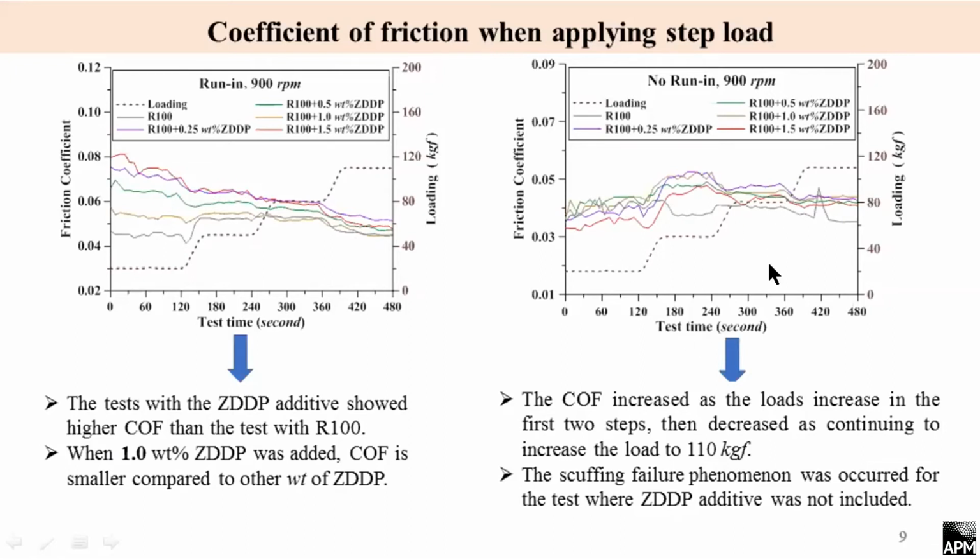In the case of no running process, the coefficient of friction increased as we increased the load in the first two steps until 50 kgf, and then the coefficient of friction decreased as we continued to increase the load until 110 kgf. You can see here the scuffing failure phenomenon occurred for the test with the base oil.